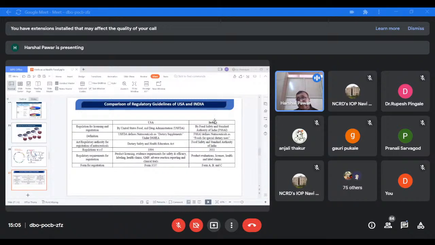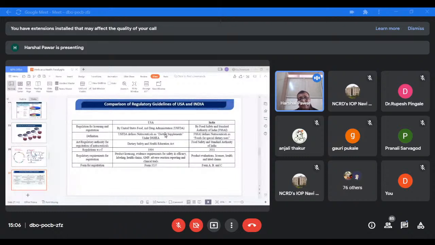In India, the registration license is issued by the Indian regulatory authority, which is known as FSSAI, that is the Food Safety and Standards Authority of India.